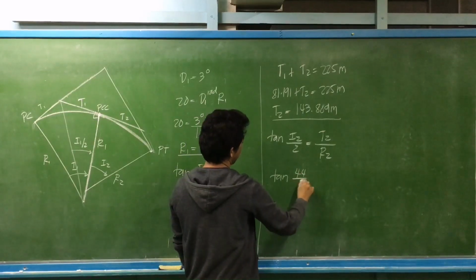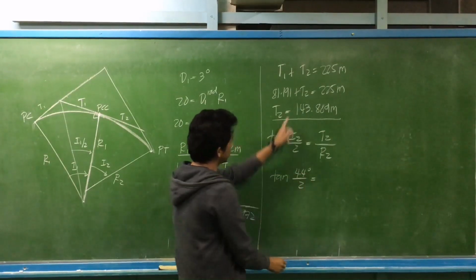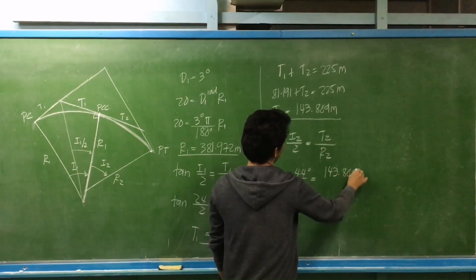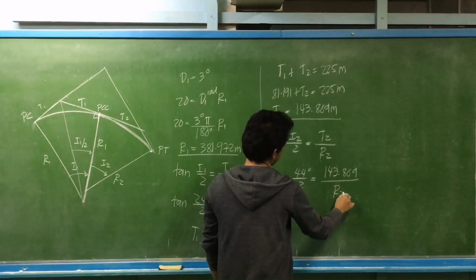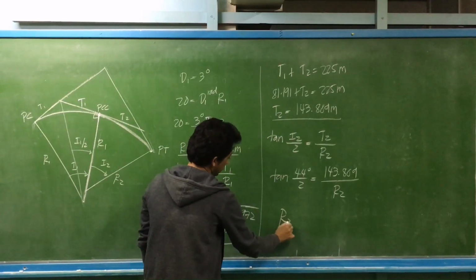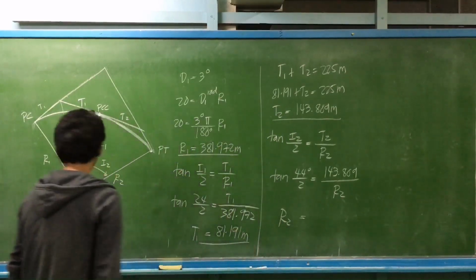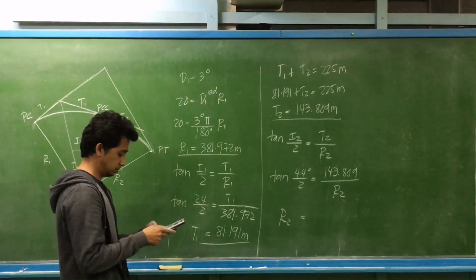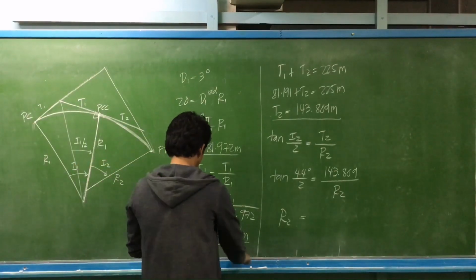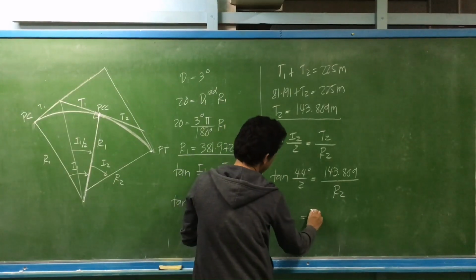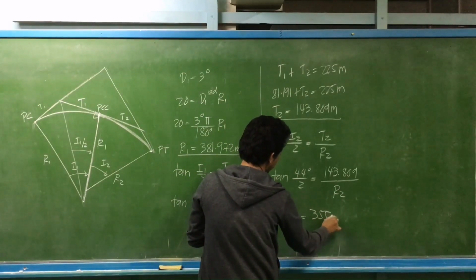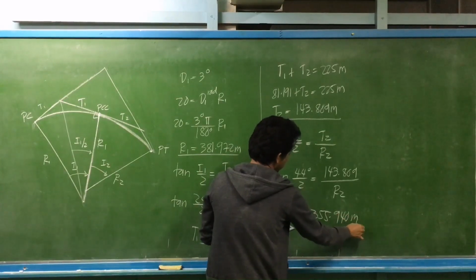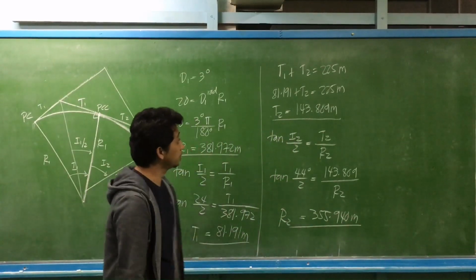So this is 44 over 2 is equal to tangent number 2, 143.809 divided by radius number 2. So makuha natin yung radius ng second curve. So this is equal to 355.94 meters. Okay, 355.94. Ayan.